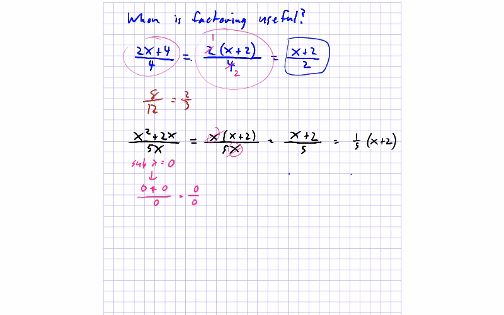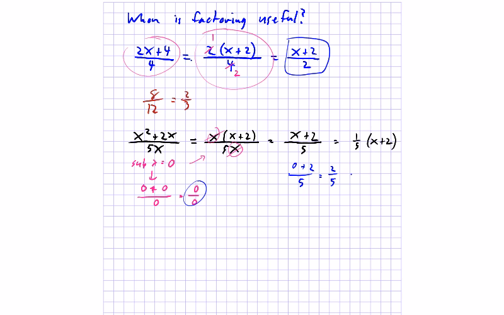Whereas if we substitute 0 into the later expression, after factoring out the x's, we would end up with 0 plus 2 over 5, which is 2 over 5, which is clearly not the same as 0 over 0. 0 over 0 is a complicated thing.